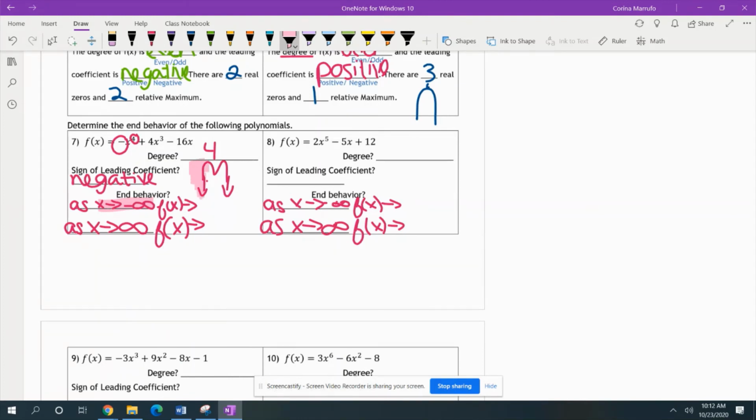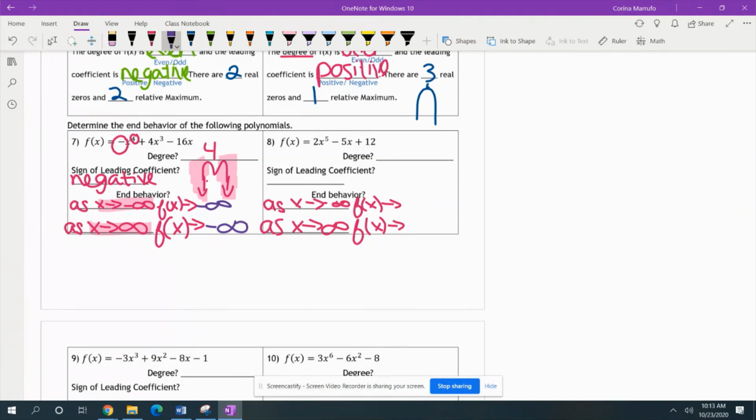Where's our graph going? On this side of our graph it is pointing down. That means our graph is pointing down to negative infinity. This one's saying when x approaches positive infinity. That means it's talking about the right side of the graph. On the right side, our arrow is pointing down as well. So it is also approaching negative infinity.